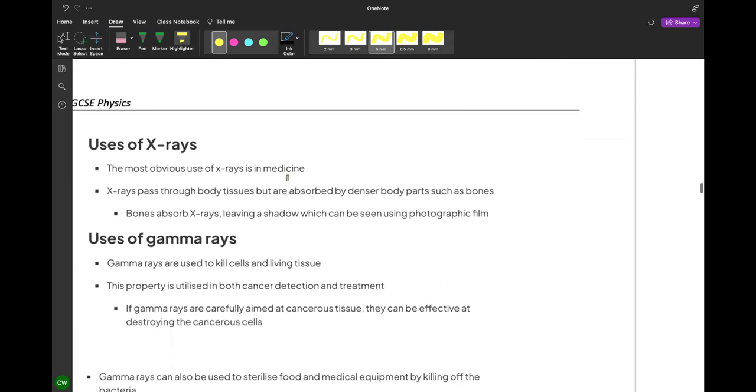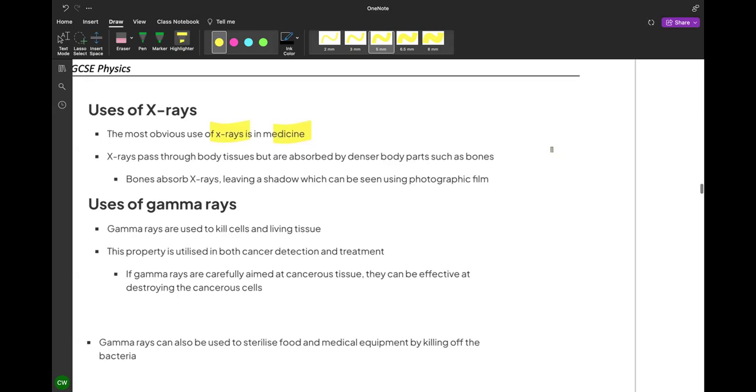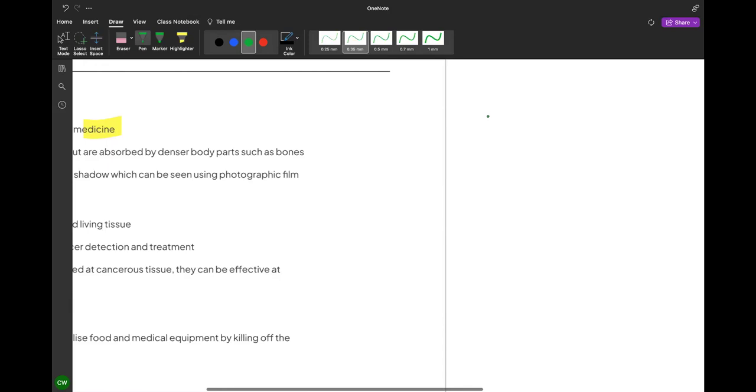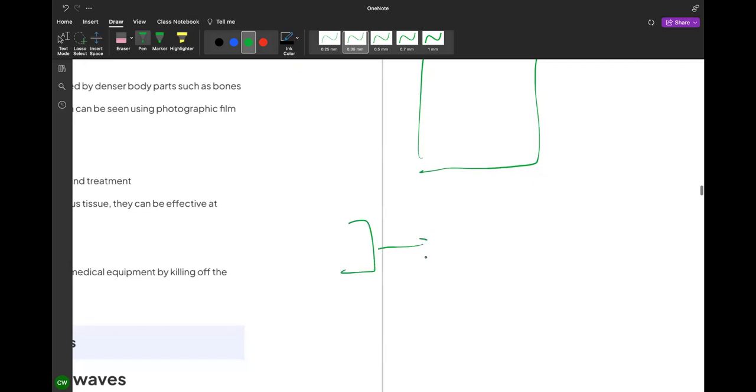X-ray for medicine. So bone fracture is for bone fracture. So actually bone, you see, when you take X-ray, this is X-ray. You need to stand here. Then after that, you see your picture here. Clear enough? Okay.